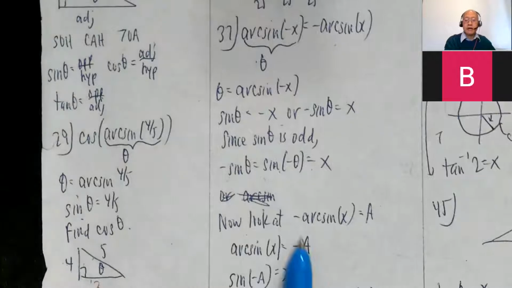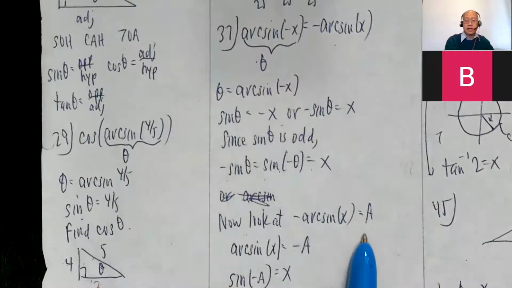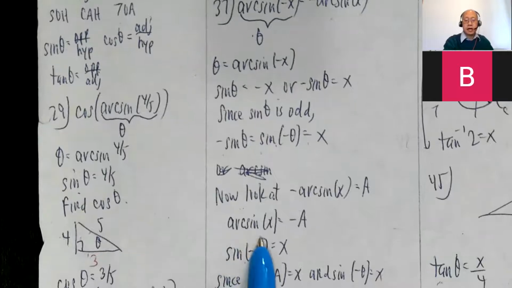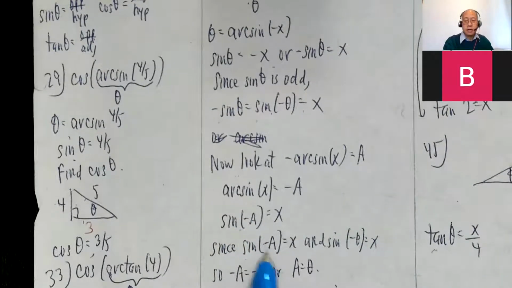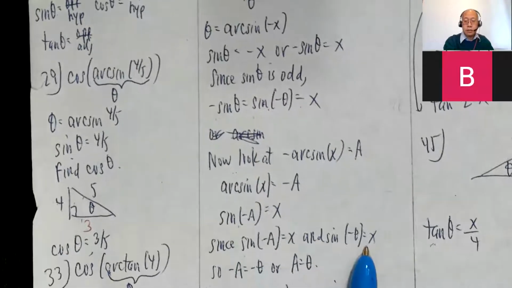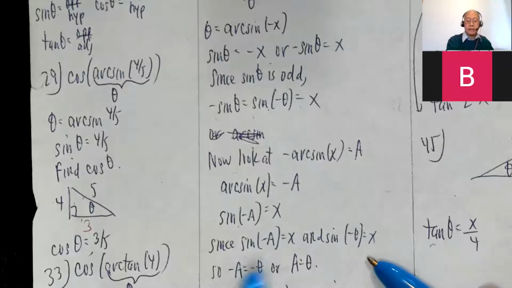Now I look at negative arc sine x, and I call that, say, capital A. That means arc sine of x is negative A. We write this as sine of negative A is x. Since sine of negative A is x, and sine of negative theta is x, negative A is the same as negative theta, or A equals theta.